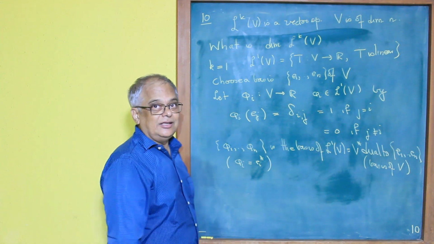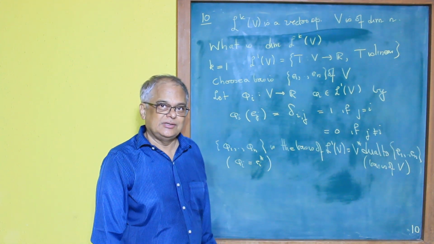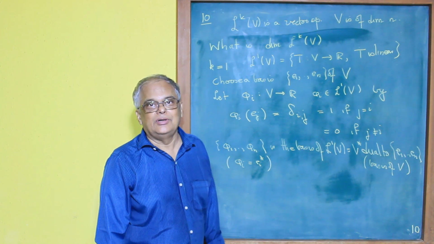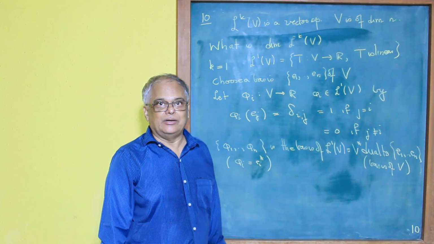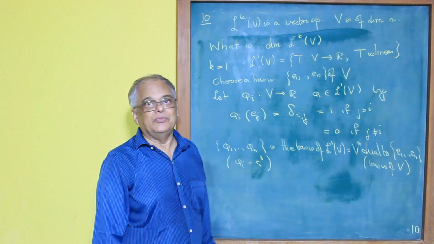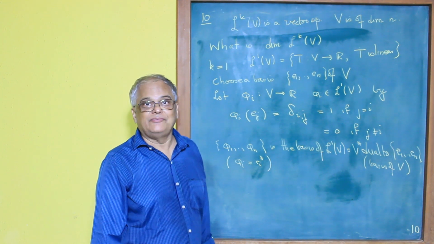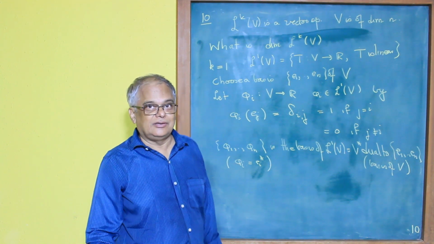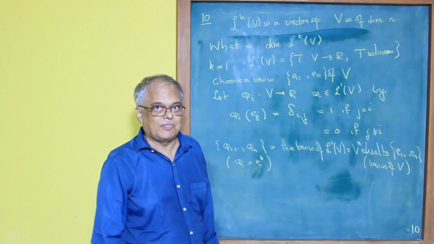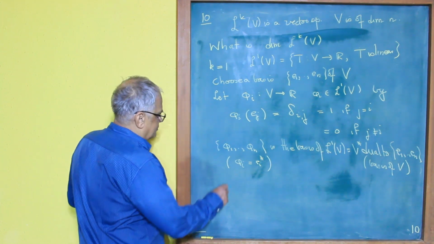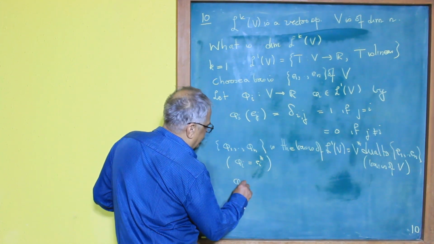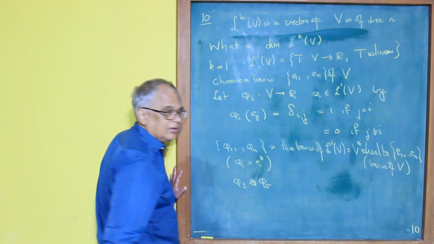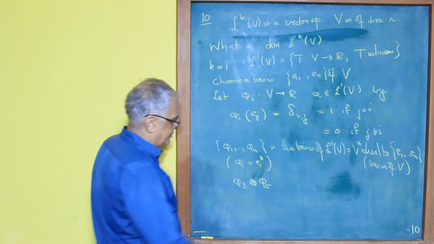But now if you have a basis of L_1(V), we have elements in L_1(V). What I had just said earlier about taking tensor products will give you elements in L_2(V). What do I have to do? I have to take phi_1 tensor phi_1, or phi_1 tensor phi_5, or phi_3 tensor phi_7. Tensor product I had defined earlier. So phi_3 tensor phi_5, how do I define this?